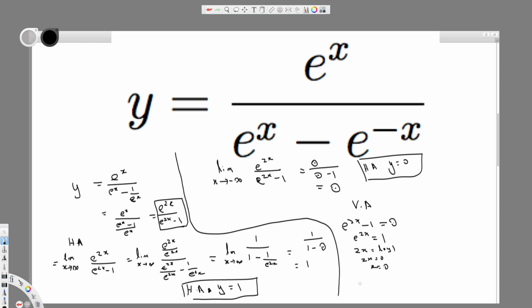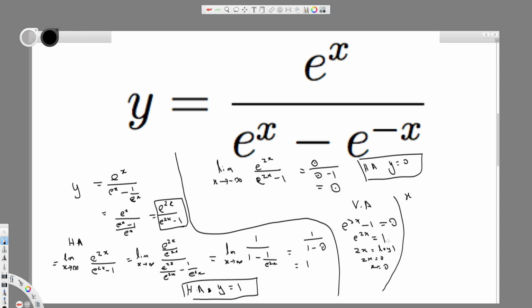So we have to verify whether it is right or not. In order to do that, I can simply put it in the limit and see if it gives infinity, because what does vertical asymptote mean? When x equals a certain value, y should be infinity.